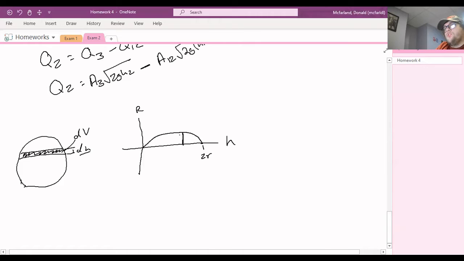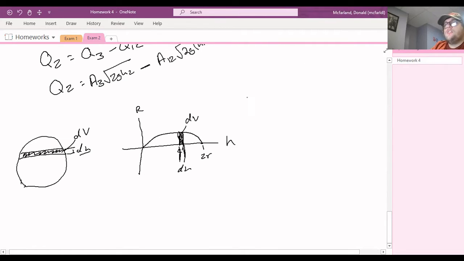This line is our original, and this line is our final. So the shaded region rotated around the axis is our dV. However, the distance between these 2 points is our dH.